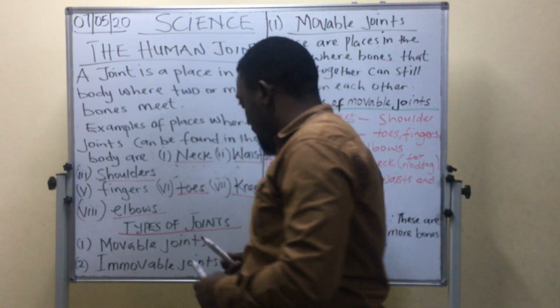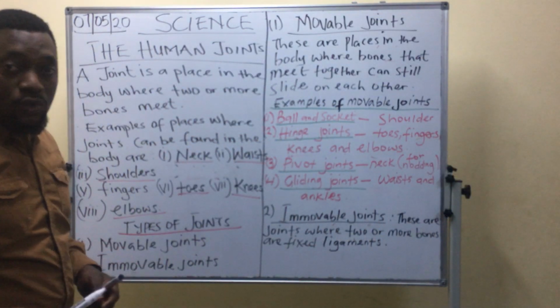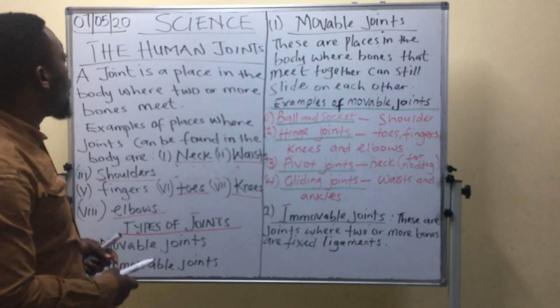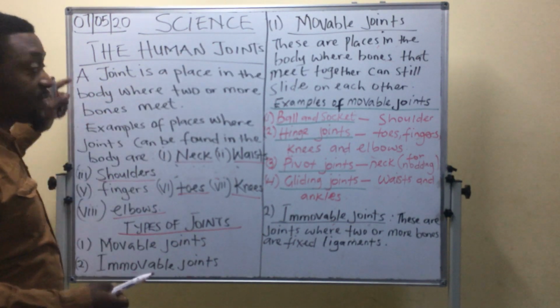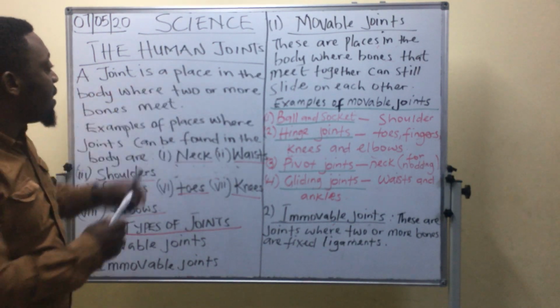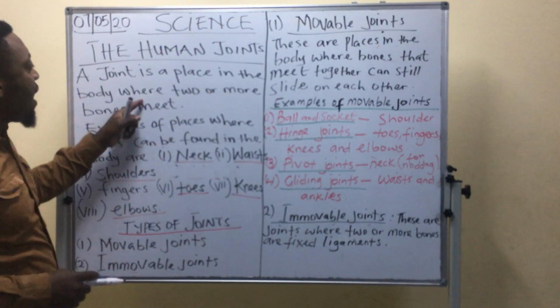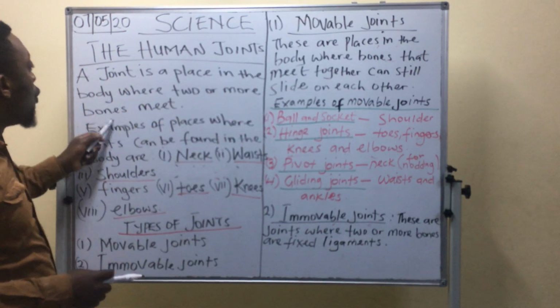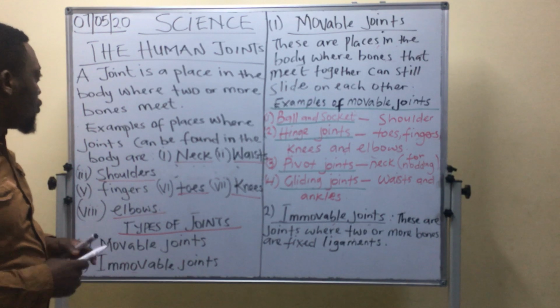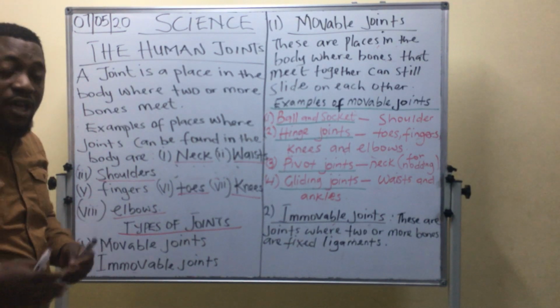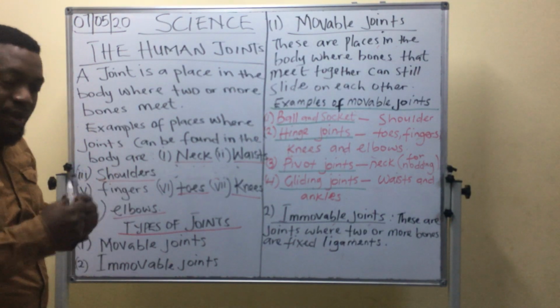Let me repeat myself from the beginning so that you can understand more on this topic, the human joints. I said that a joint is a place in the body where 2 or more bones meet.